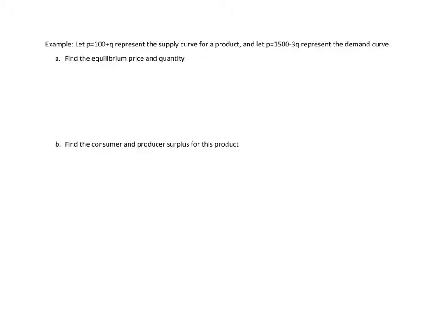So if we want to find the equilibrium price and quantity, we want to determine where these two things are equal. So we want to know where 100 plus Q equals 1,500 minus 3Q. Okay, so we're just going to solve this algebra equation. The first thing I would say to do, maybe add 3Q.